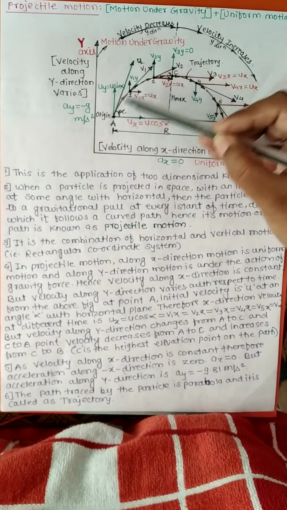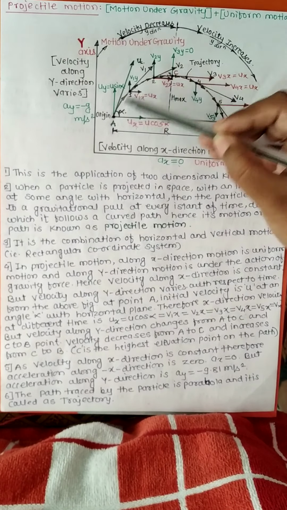Now the initial velocity is defined at an angle alpha. Therefore, the initial velocity has two components, along the x direction and along the y direction. Along the x direction it is ux, along the y direction it is uy. With respect to angle alpha, we can define the initial velocity as u cos alpha along the x-axis and u sin alpha along the y-axis.